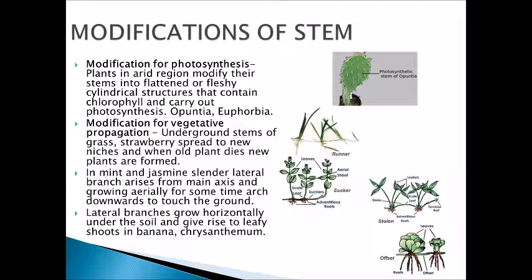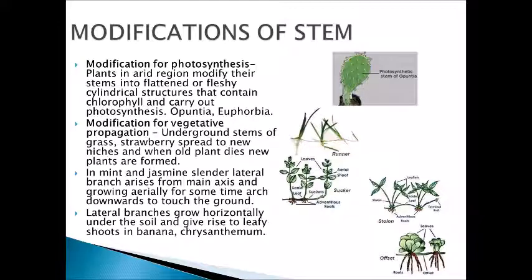The next modification is for photosynthesis. We know that photosynthesis is the main function of the leaf, but in certain plants, the leaves are very small or less in number.